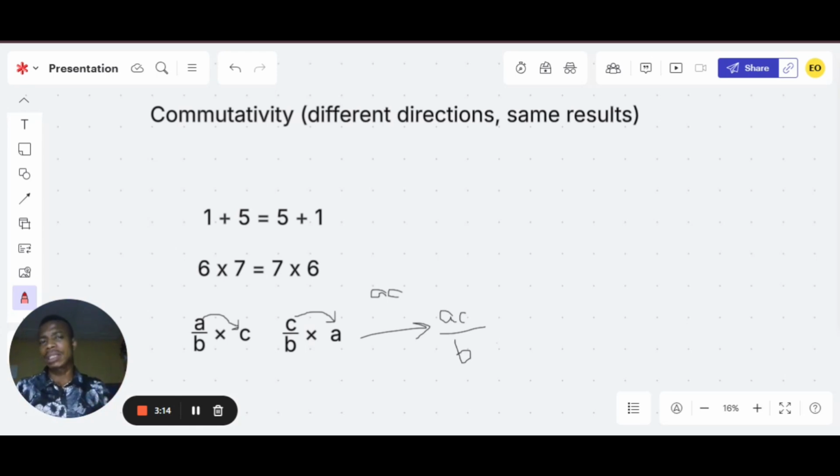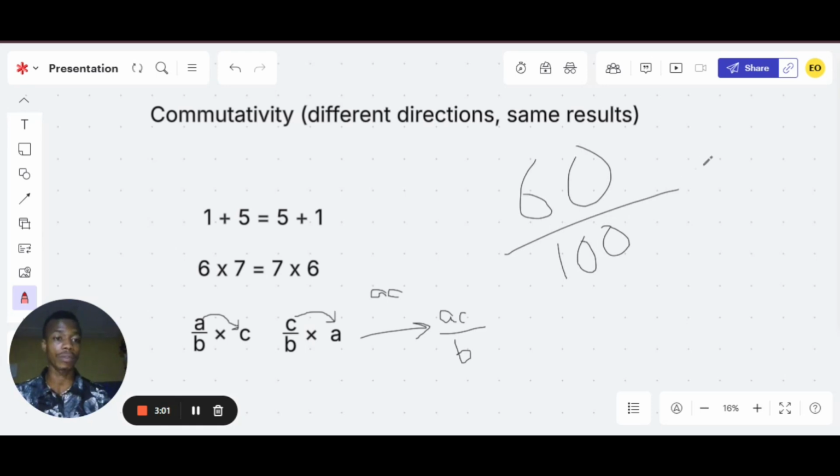Now, why is this important in percentages? Well, a percentage is basically a fraction, right? 60% is 60 over 100. Now, let's say you're finding 60% of 7, right?